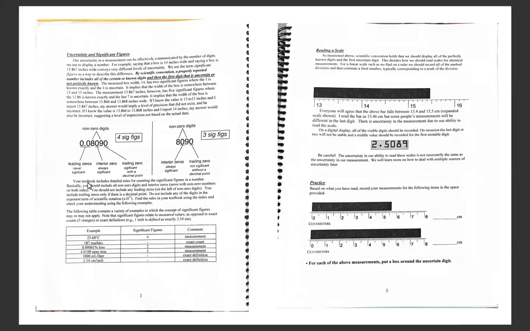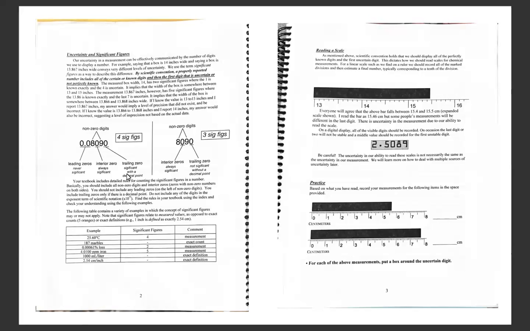Interior zeros are always significant. So as you can see, 809, that is significant. We have to always include that in our calculations. A trailing zero, this is where we're having that leeway that we were talking about with the zeros. It's significant with a decimal point if it's behind a decimal point, but if it's a trailing zero before a decimal point.